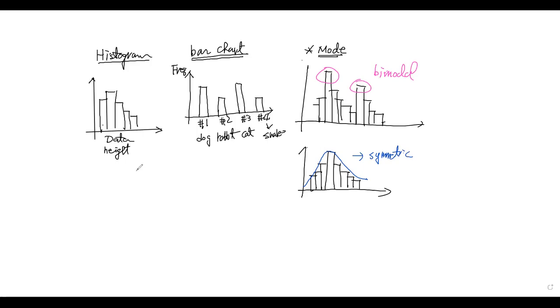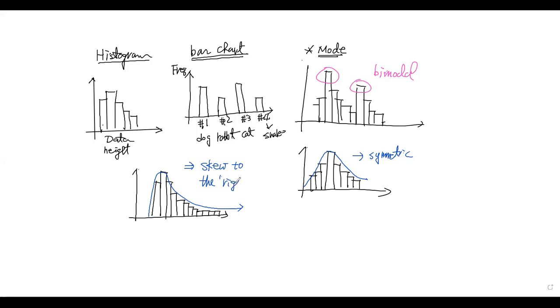If your histogram goes something like this, and you superimpose a curve, you will see a tail. This type of distribution we say is skewed to the right.